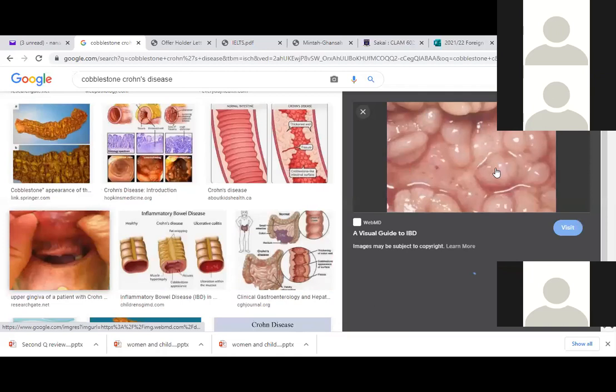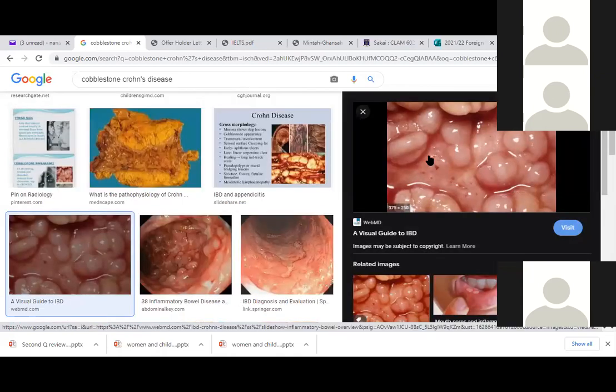So can you see this picture? It's a bit similar to the actual stone that was projected earlier.